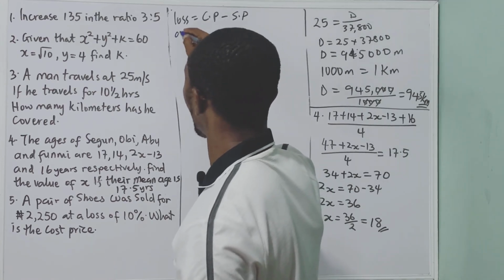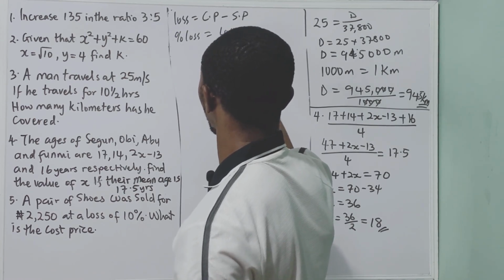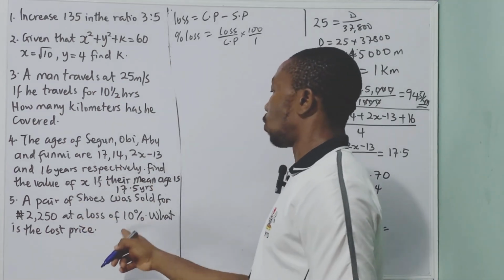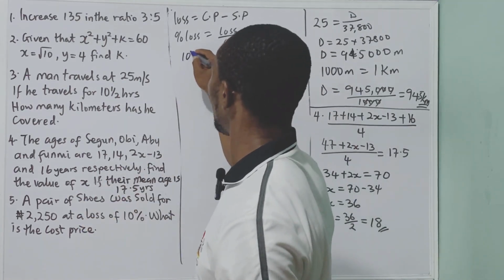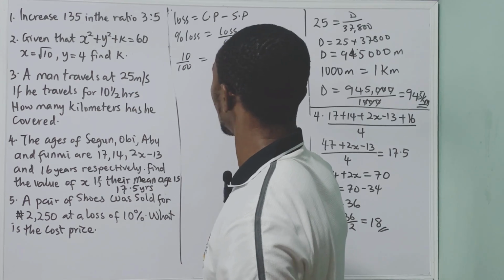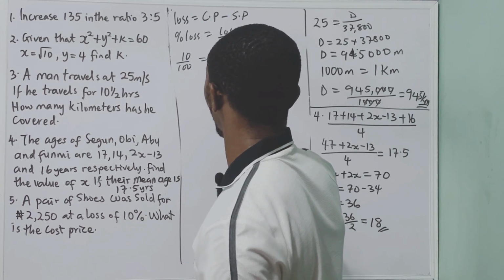Okay, so for our percentage loss, we have it as loss over cost price times 100 over 1. But in this case, we have our percentage loss as 10%, that is 10 over 100 equals loss. We do not know the loss, so we replace with cost price minus selling price.